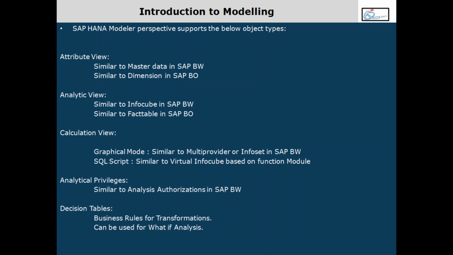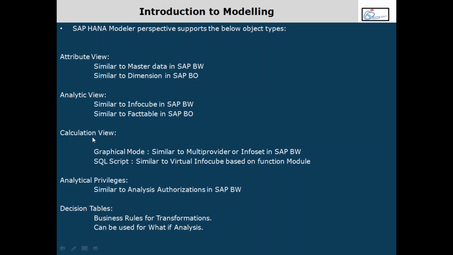Okay, this is more like a cube, but a cube will have data physically. You can understand it like a virtual cube, and more like a fact table for people who deal with BO, the information design tool universe.